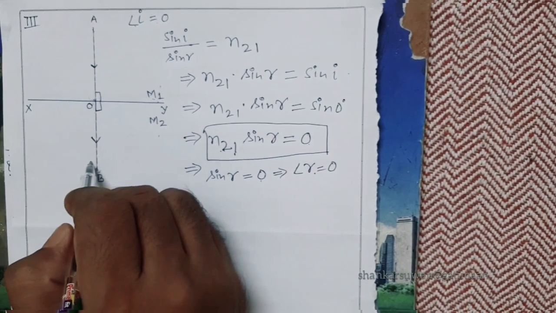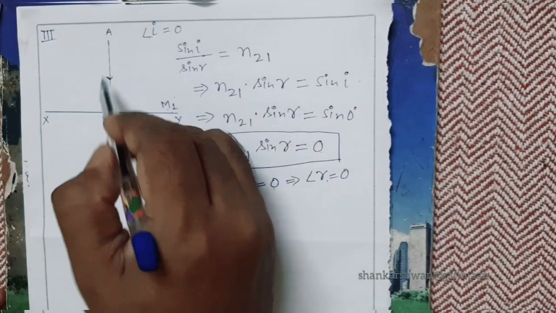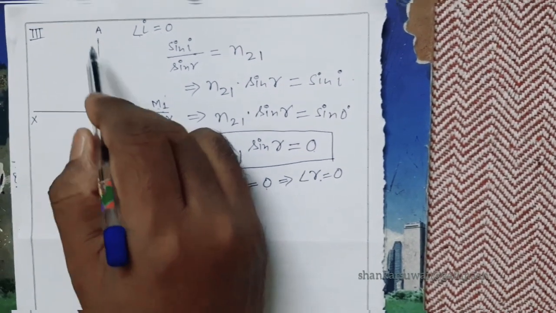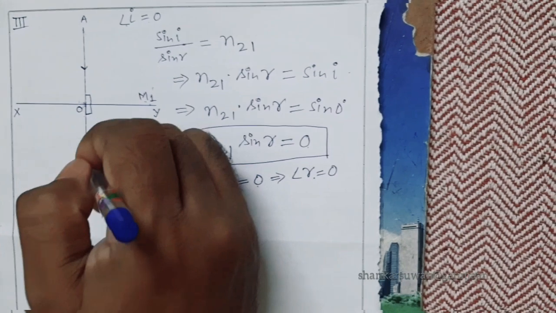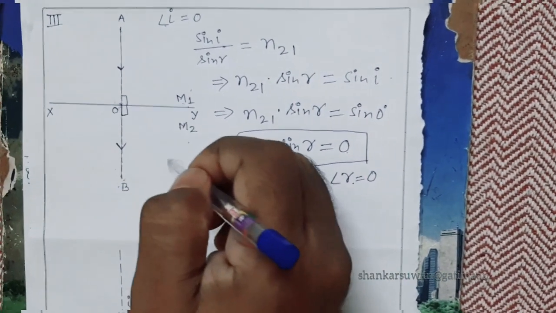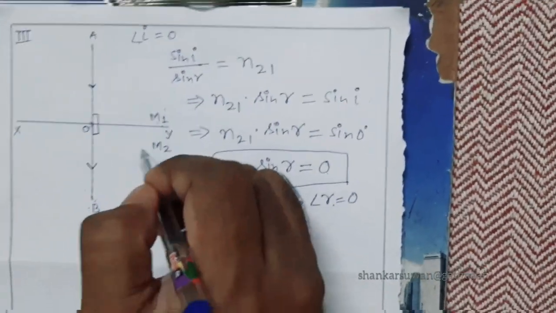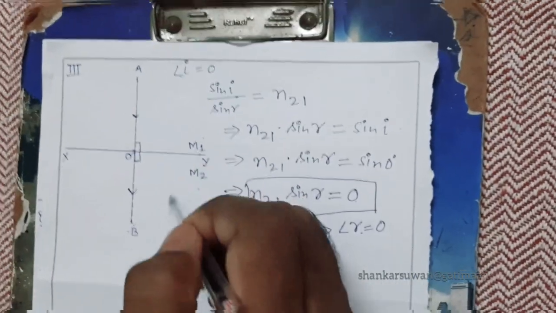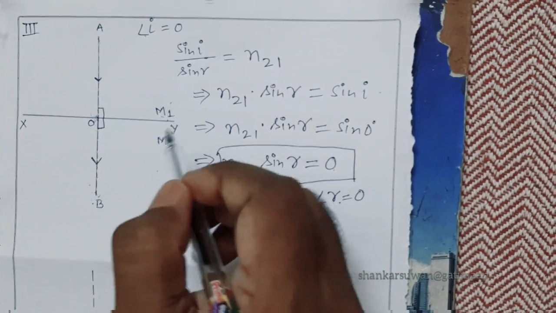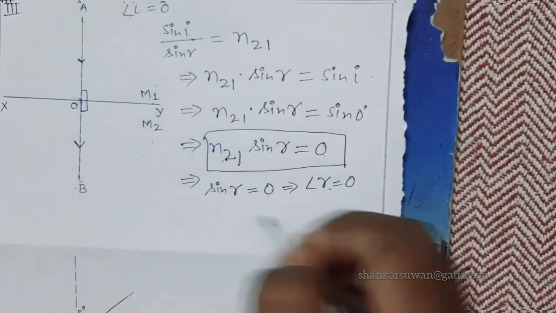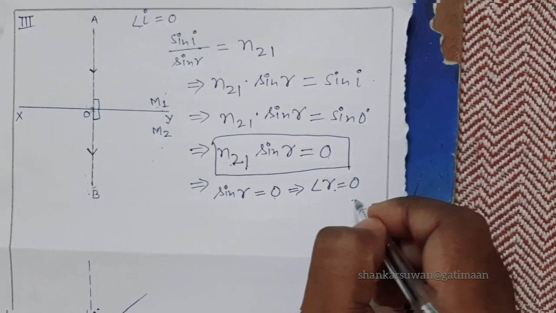That is why any incident ray along the normal never bends on passing through the second medium. In fact, medium 1 and medium 2 are two different media, but the refracted ray never bends due to this reason.